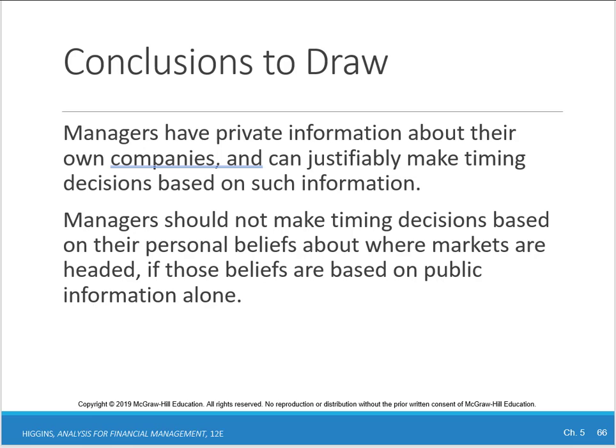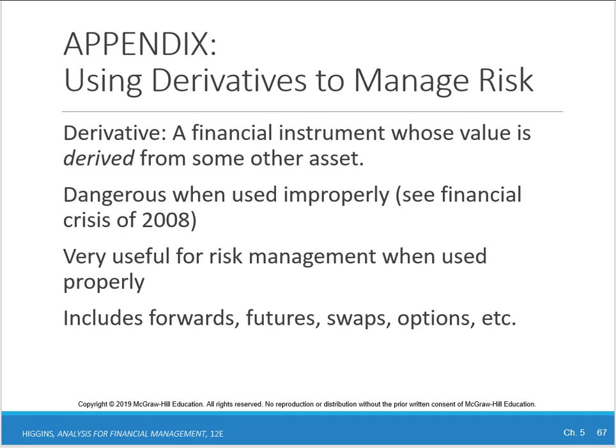So the last topic that we want to just briefly mention is something called derivatives, right? A derivative is a financial instrument that gets value from some other asset. And they can be very dangerous in a poorly regulated or improperly used form.